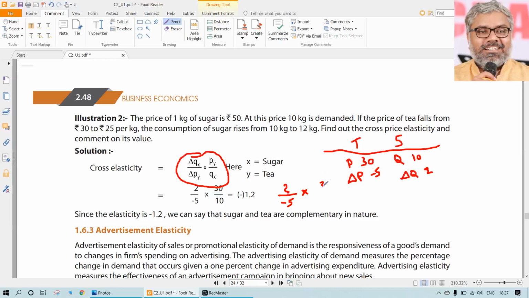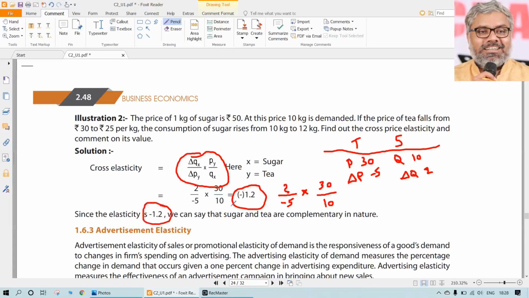Originally 30. And then Q how much? Originally 10. That's it. We have the cross elasticity. That comes to how much? Minus 1.2. Do the calculations. Minus 1.2. Why? Because out of these 4, 1 is minus. That is enough. The entire answer will be minus 1.2.